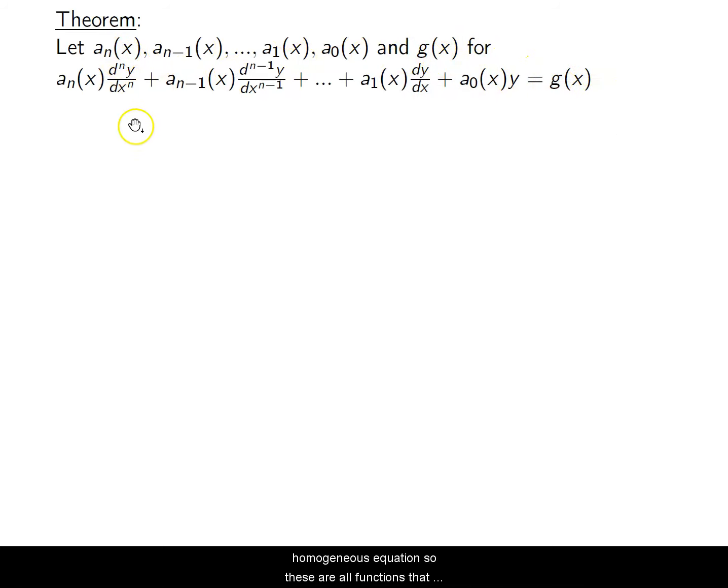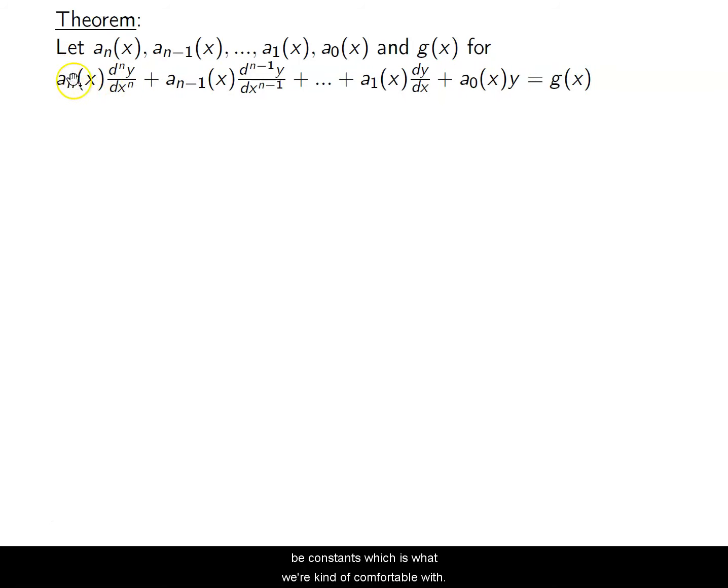So these are all functions that are coefficients for an nth order differential equation, right? Here a sub n of x is the leading coefficient, and it's attached to the nth derivative of y. A naught of x is the coefficient that's attached to just my standard function y, right? So it goes in order, decreasing in derivatives, as we've seen before.